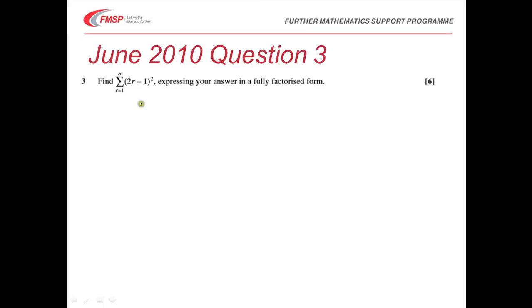So when we do this, just bear in mind that what we're going to be using is the fact that 2r minus 1 all squared is 4r squared minus 4r plus 1.